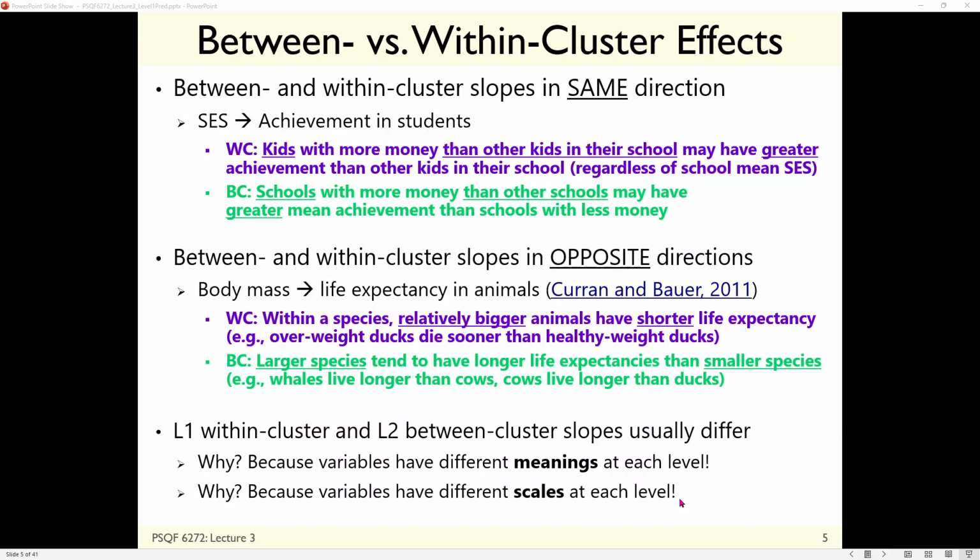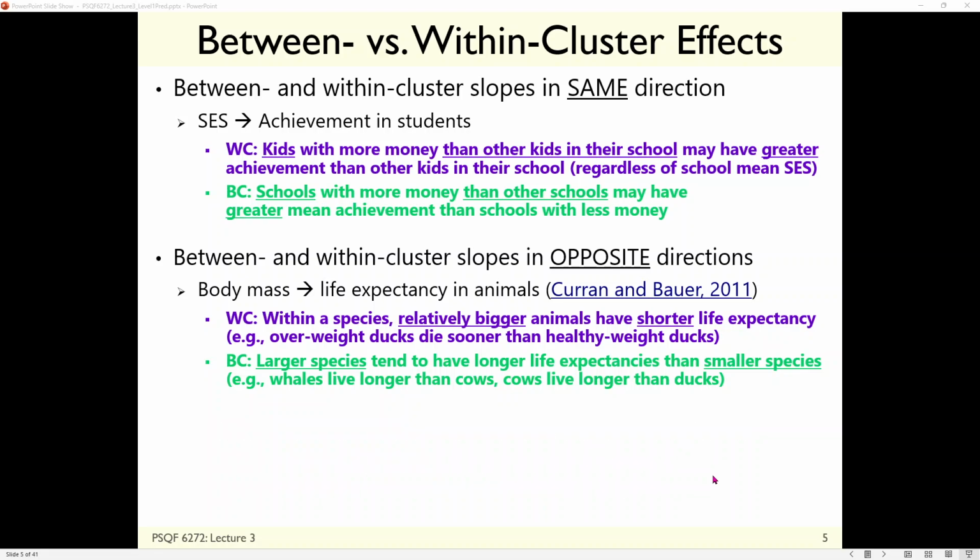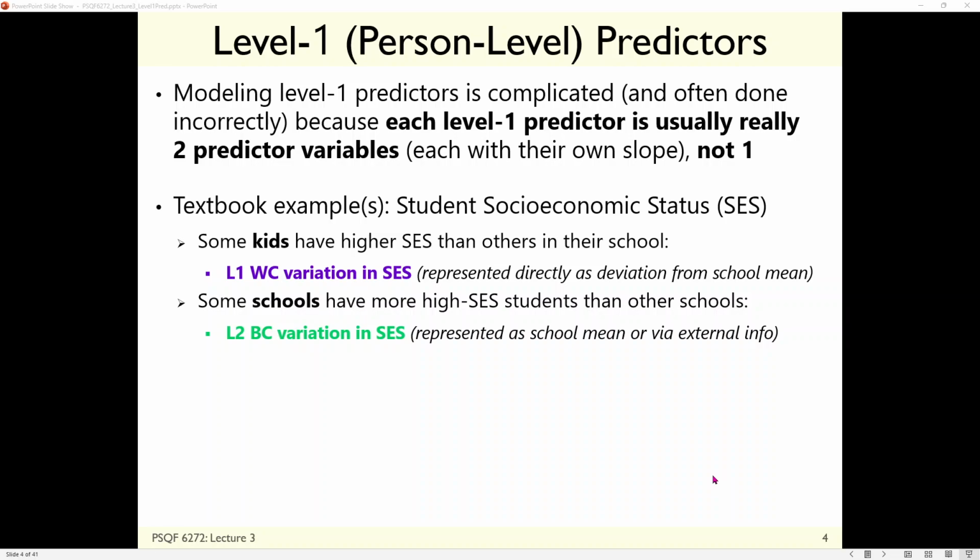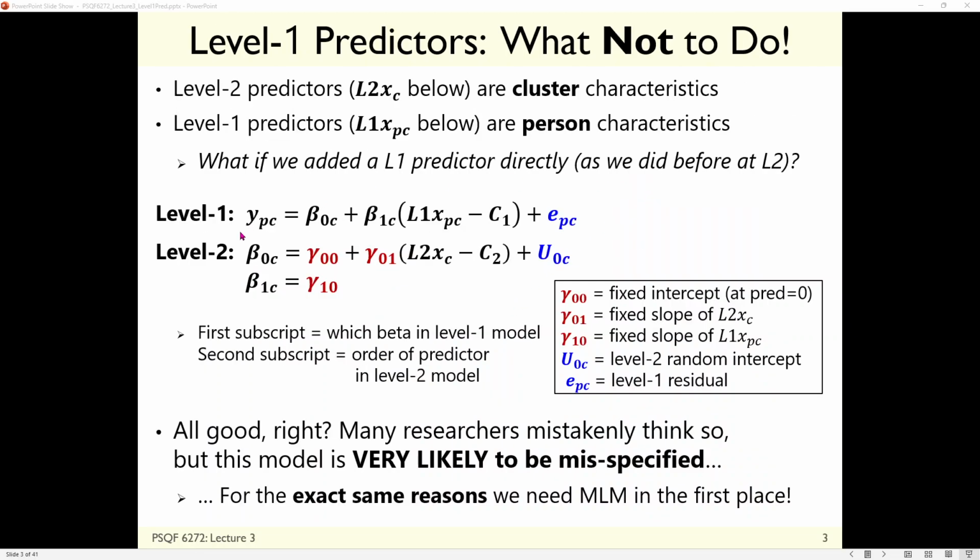To standardize your slope. Okay. Well, why am I not going to give you standardized slopes in this class? What's my standard deviation of y? Is it the original y? Is it the standard deviation of the e part of y? Is it the standard deviation of the u part of y?